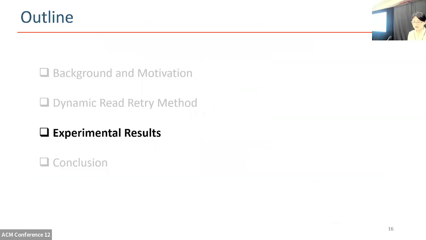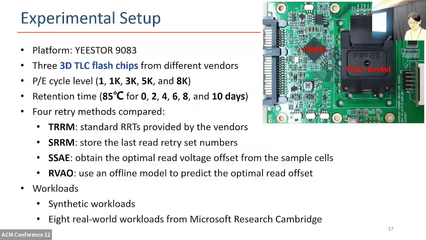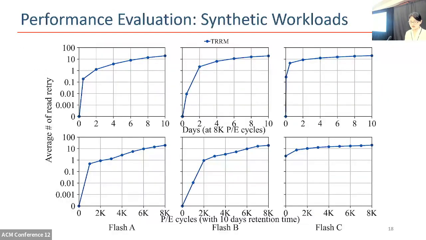So next is the experimental results. We use a Yester platform with TLC chips, and 5 P cycles and 6 retention times are evaluated. We also compared with 4 retry methods with various workloads. We evaluated the average number of retries, and the traditional method suffers from a significant increase in page reads with longer P cycles and retention times.